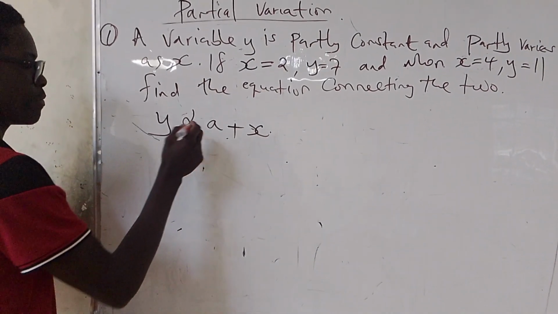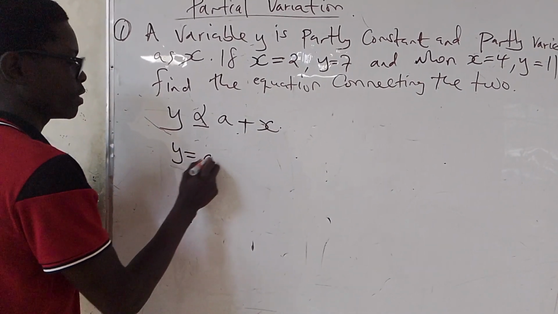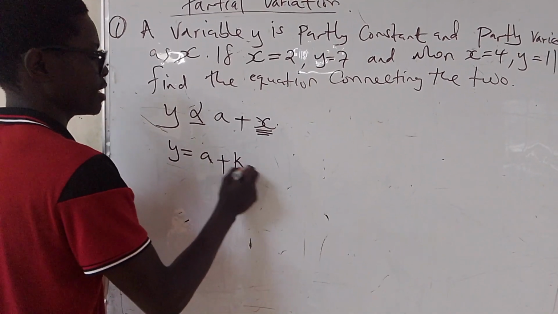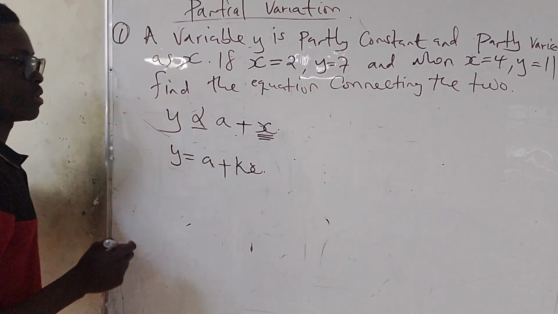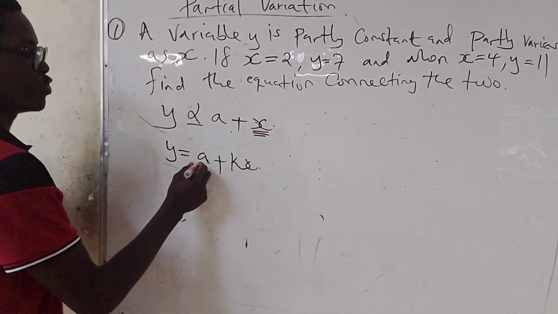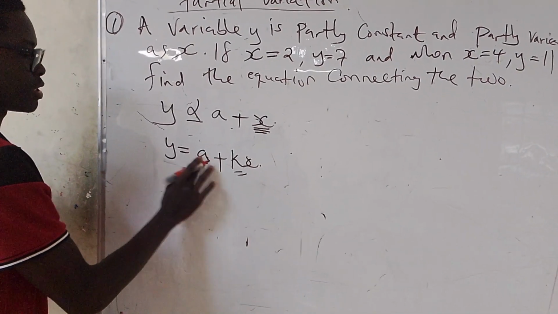So you remove the sign of proportionality, introduce the equal sign: y is equal to a plus kx. You use any letter to represent a constant, any letter of your choice.